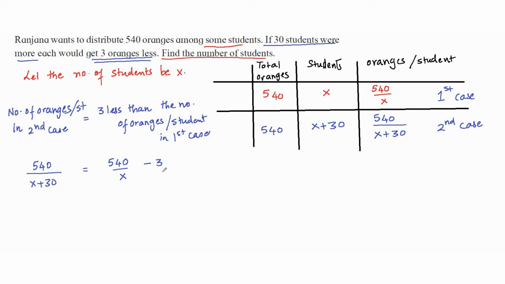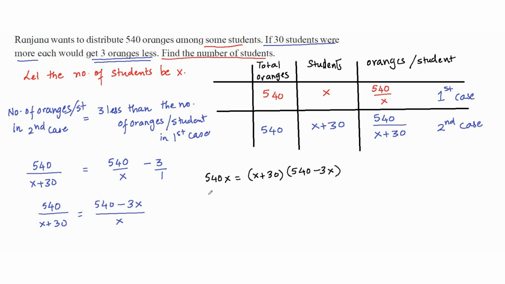I can find the LCM on the RHS. So I get 540 divided by x plus 30 is equal to 540 minus 3x divided by x. Cross multiplying, I get 540 multiplied by x is equal to x plus 30 multiplied by 540 minus 3x.